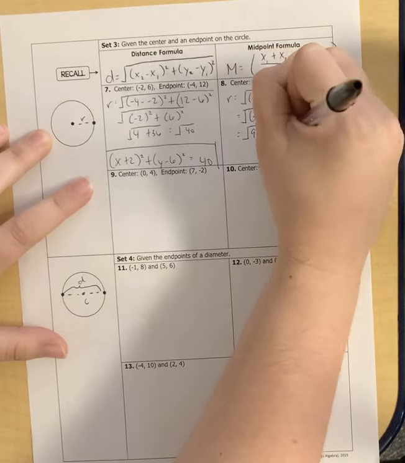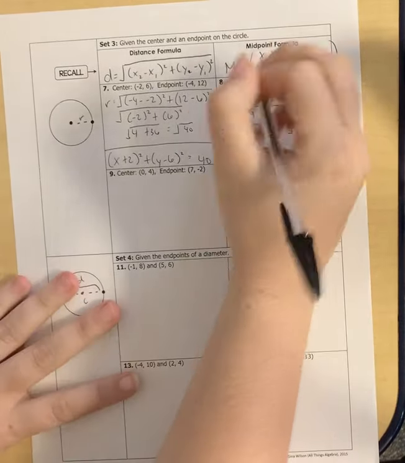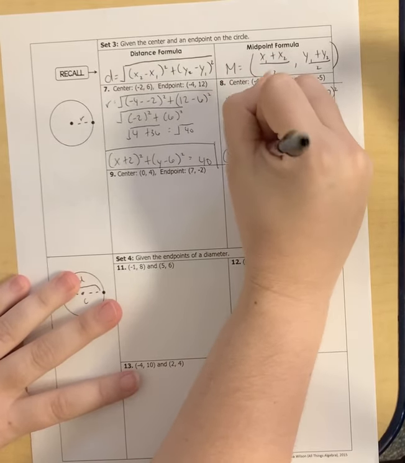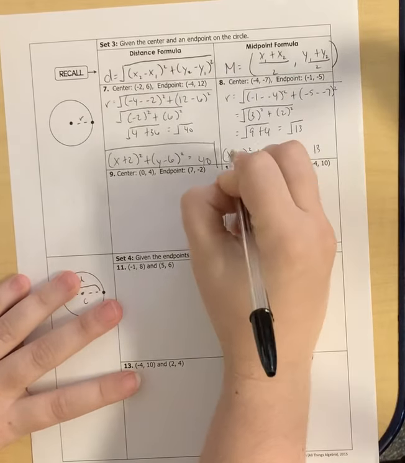And 9 plus 4 is 13. So we have the square root of 13. Okay, so our equation is going to be x plus 4 squared plus y plus 7 squared equals 13.